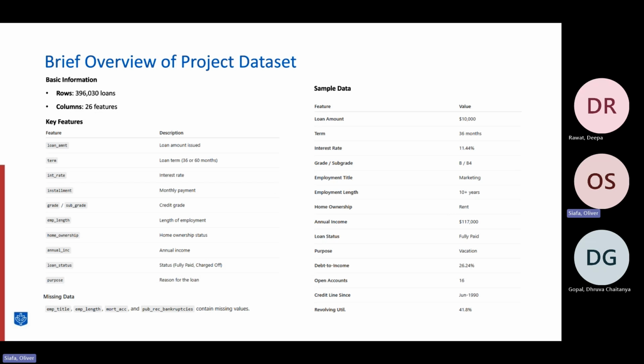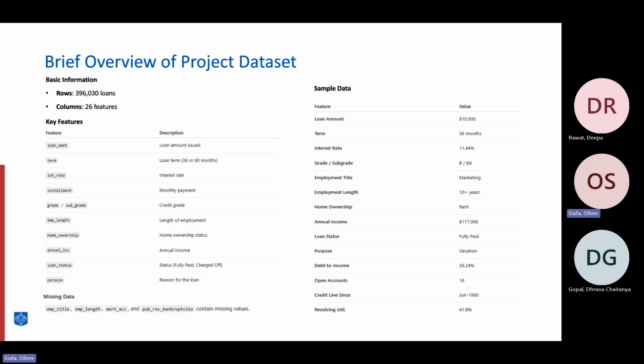For a brief overview, let's take a quick look at our dataset. As you can see on the screen here, it's quite extensive, with over 396,000 loans and 26 different features. Some of our key features include the loan amount, the interest rate, the purpose of the loan, and so on. To give you a concrete example, imagine a typical borrower profile from our data.